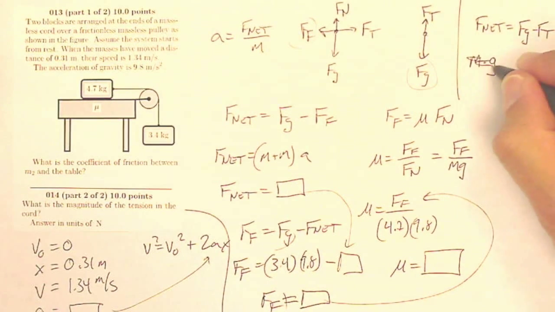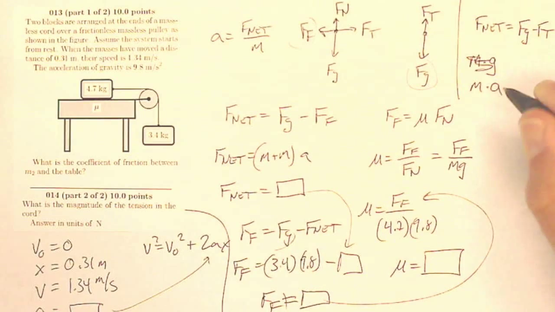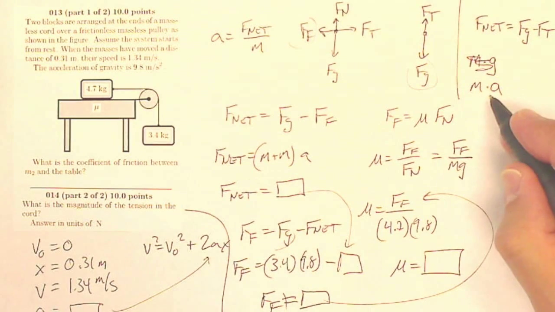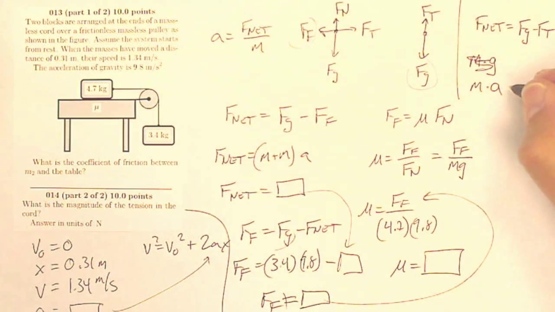Not g. This is going to be the mass times the acceleration that I figured out before, way over here, because either block is going to be doing the same thing. That is going to equal the force of gravity on this block, the 3.4 kilogram block, so that's mg minus the tension force.